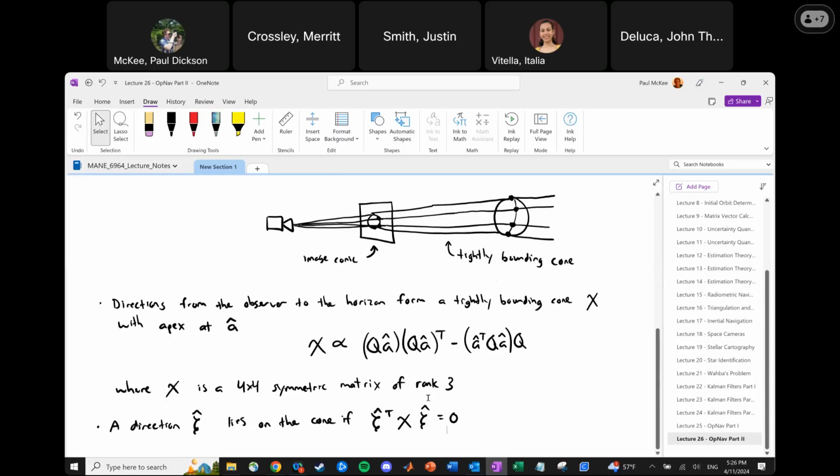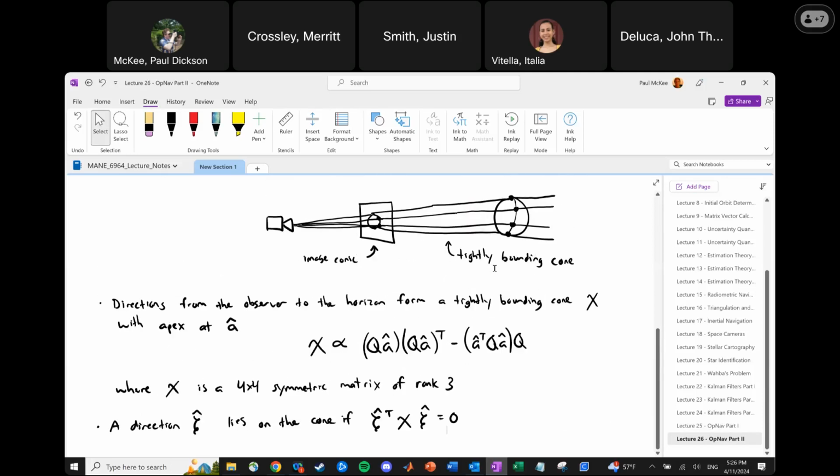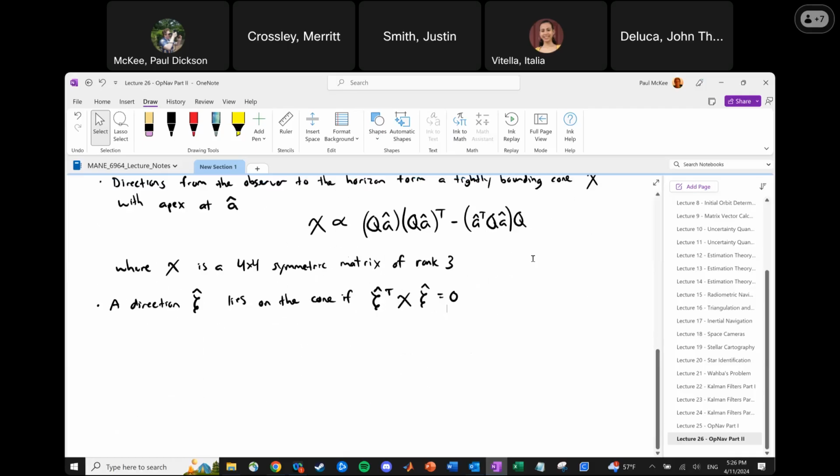So chi is even closer to what we're looking for, because Q describes points on the surface of the moon, but now we're talking about points or directions which form the tightly bounding cone. So we're slowly increasing the accuracy, getting closer and closer to what we're looking for. So let's start making this a little bit more real.